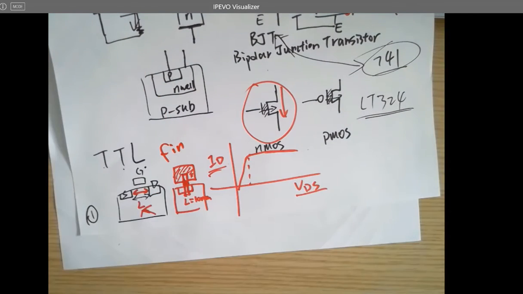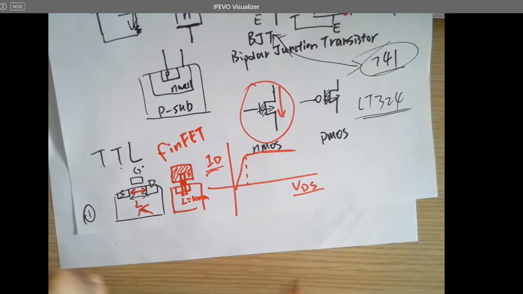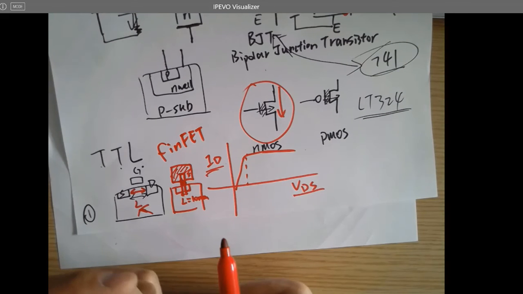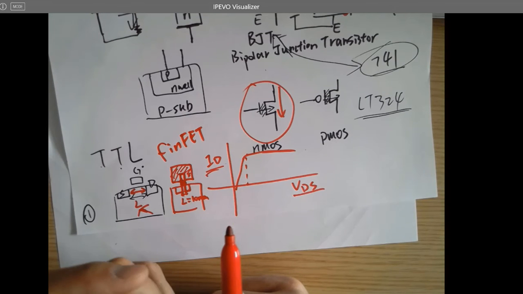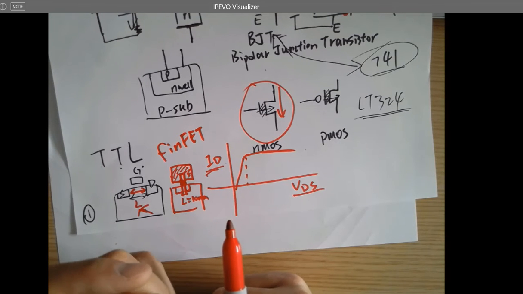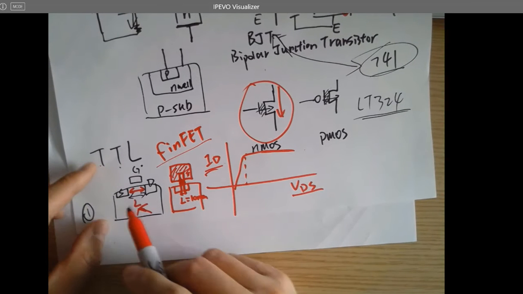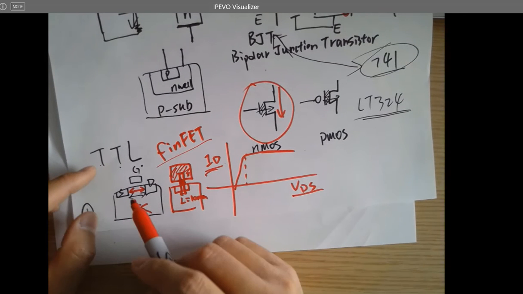Looks like a fin. So that's why it's called FinFET. I forgot, FinFET starts from which size? Maybe 10 nanometer, 7 nanometer. You probably have to start using FinFETs instead of the regular CMOS.